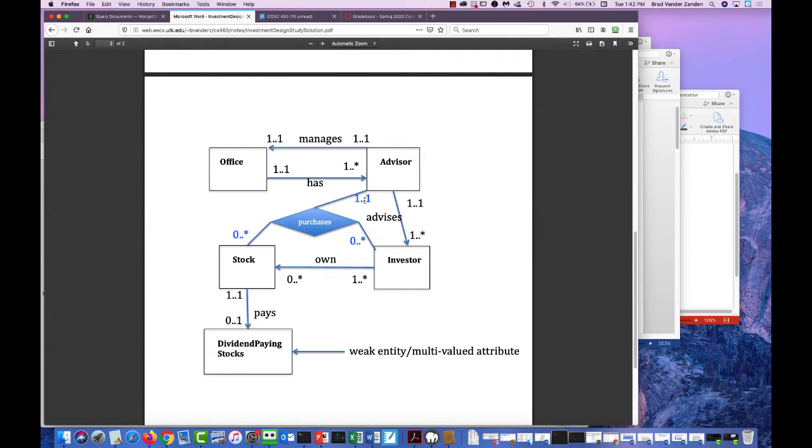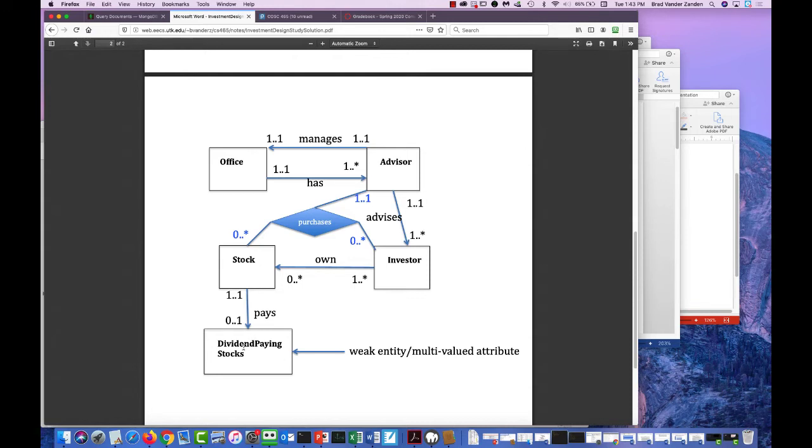If I'm making that assumption, which is not a good one actually, then it would be 1 to 1. But if that were the case, you really wouldn't need the advisor as part of this relationship either, because it would be inferred. So if I can find the old PowerPoint for that, I will change it, because it really should be 0 to many.